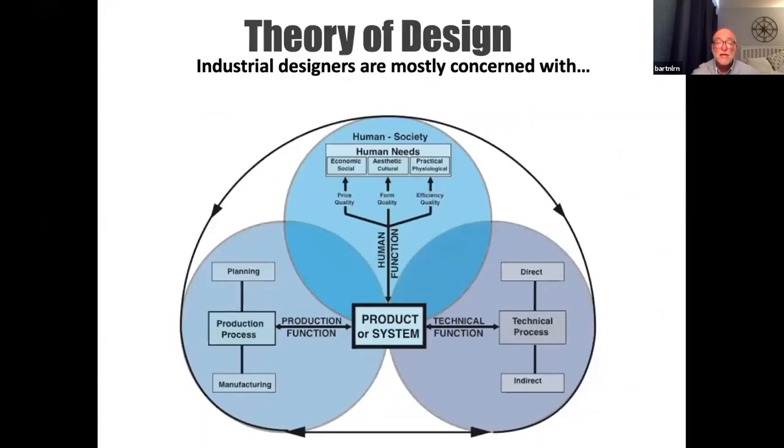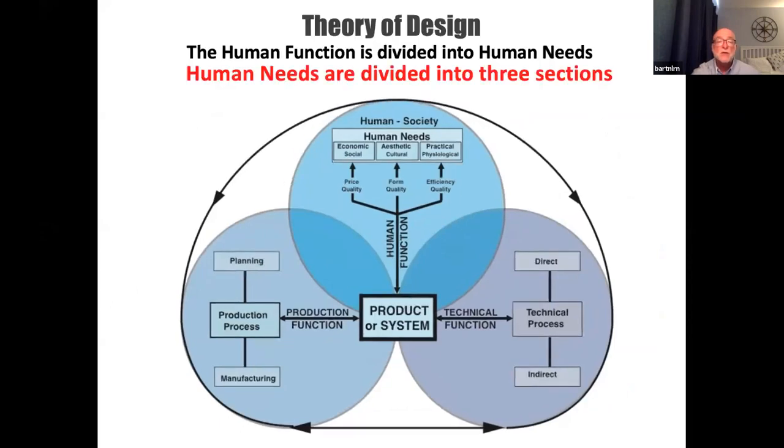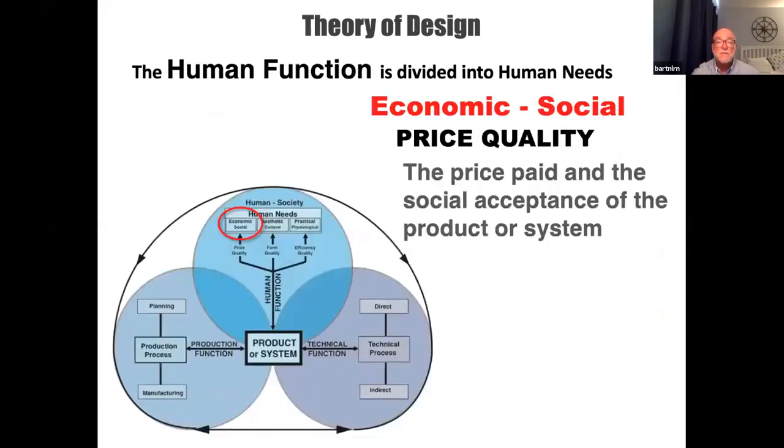As industrial designers, we are mostly concerned with human needs. These human needs can be divided into three sections. The economic and social is the first one, where we're dealing with the price quality, the price paid, and the social acceptance of the product or system. That's very important when you're developing a product design.